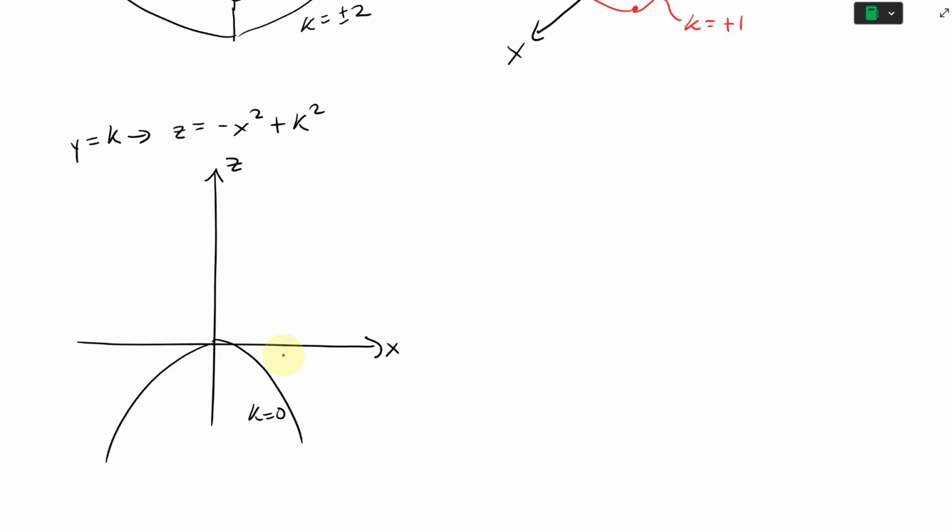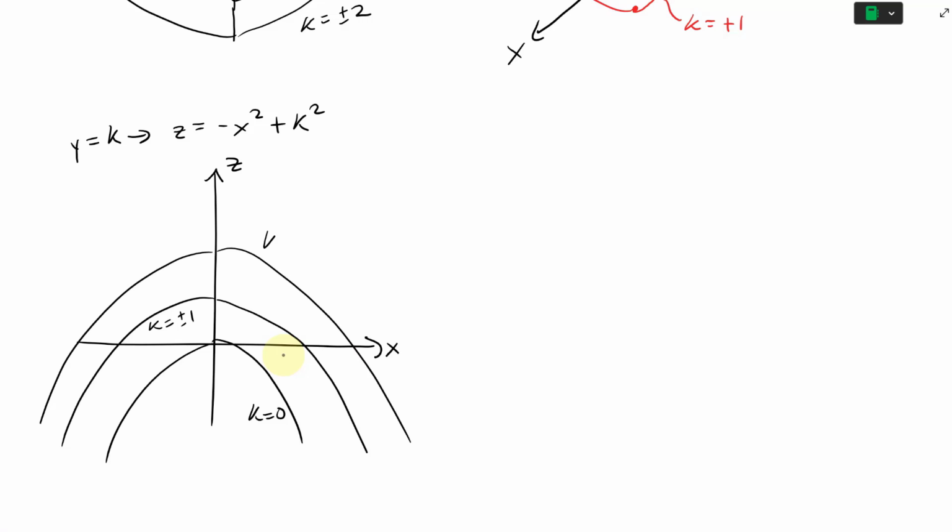The next one is going to be k equals plus or minus 1, and these go upwards, so they start from up and then go down. And so on. Then k equals plus or minus 2, etc.